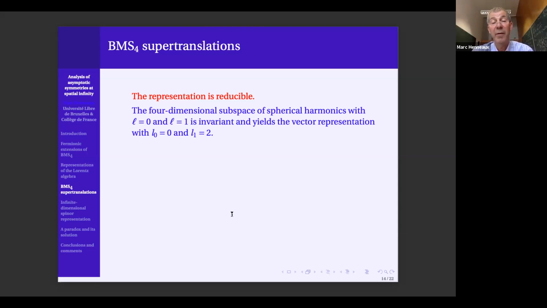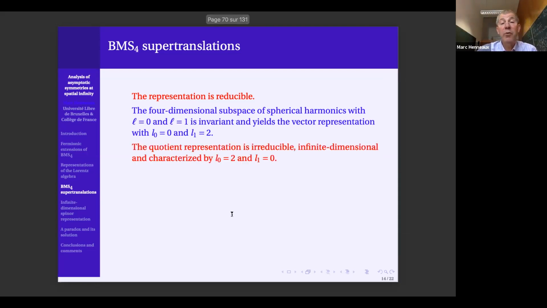This is very familiar in terms of the Neymark and Gelfand parametrization. That representation has L0 equal to 0 and L1 equal to 2, because it stops at SO(3) spin 1, which means that L1, which is the higher spin plus 1, is 2.